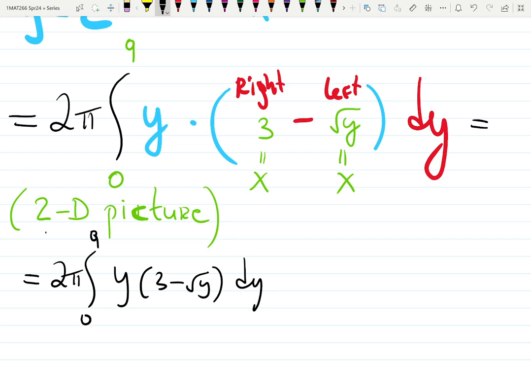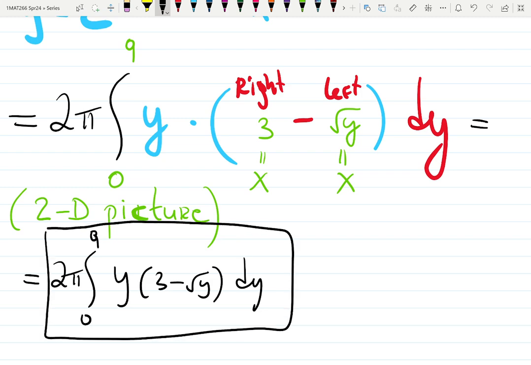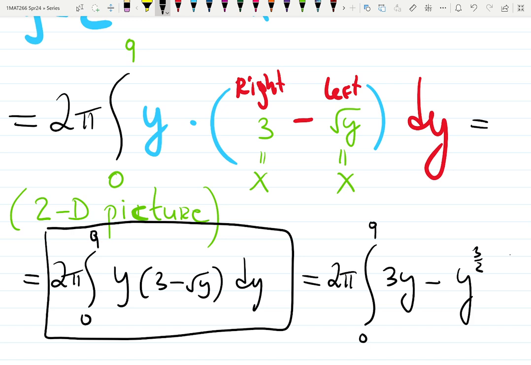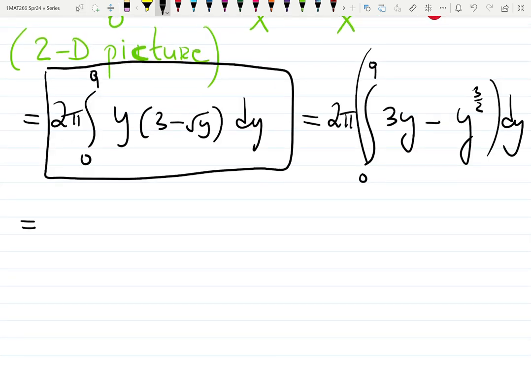Just building this integral already costs you 6 points in the multiple choice or 20 points for the free response, or both. Then it's 26 points. 2 pi integral of (3y minus y to the 1/2 plus 1, that is y to the 3/2) dy from 0 to 9, equals, let me see how much time is left. 10 minutes, good. 5 minutes.